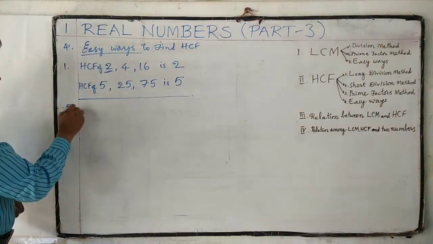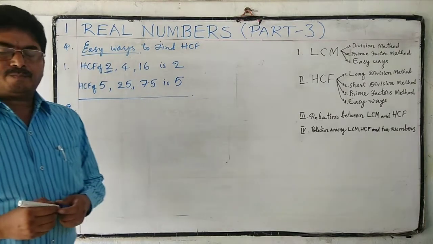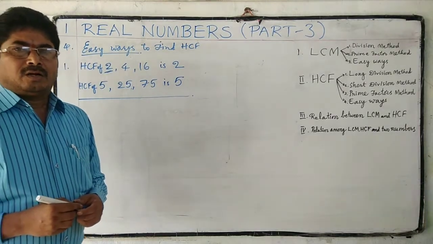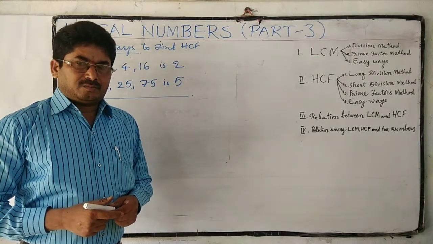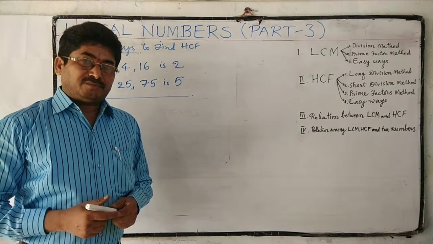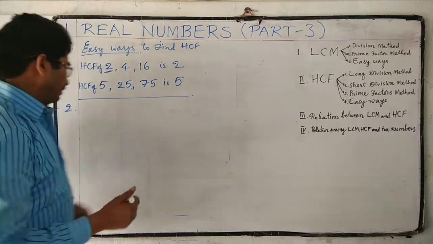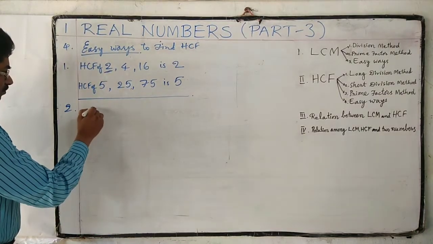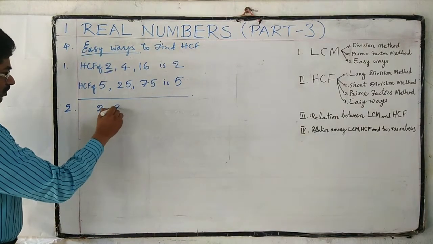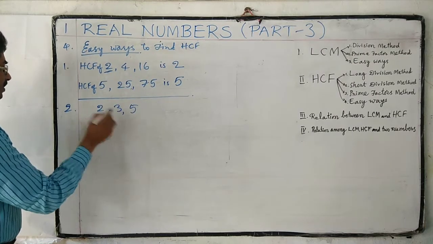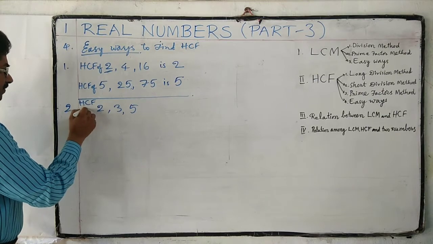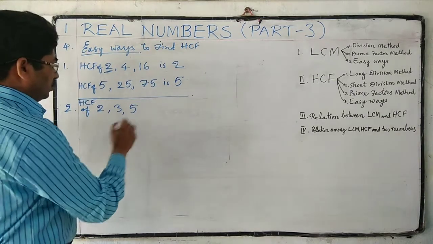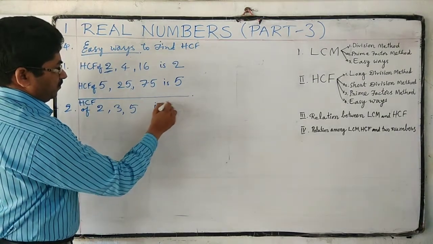Next, second easy way. HCF of co-primes is always 1. Example, 2, 3, 5. These are co-primes. HCF of these 2, 3, 5 is 1.